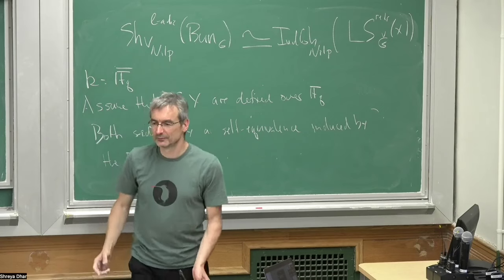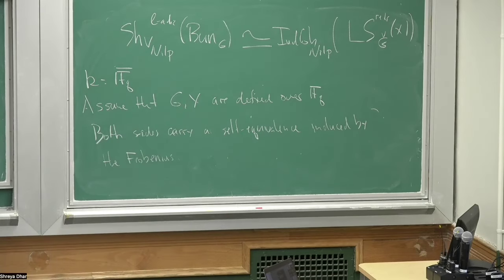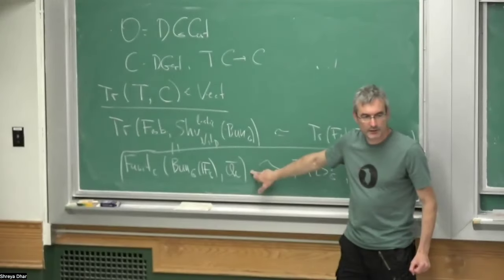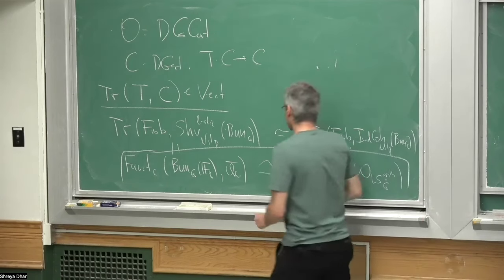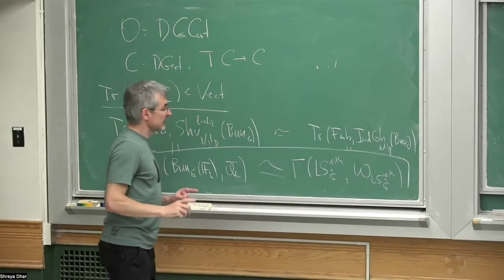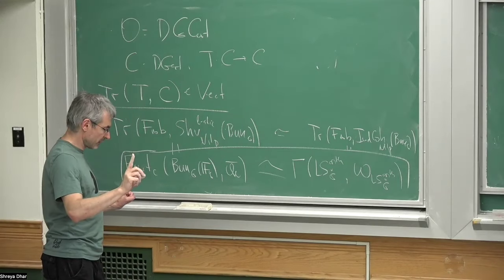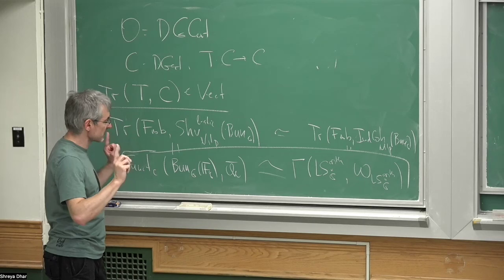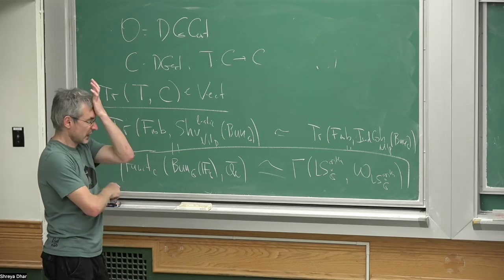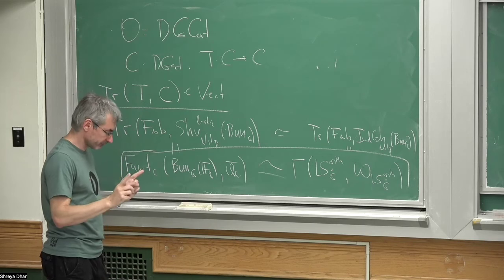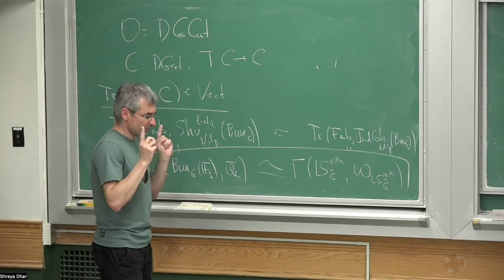What happens when you insert Frobenius with some Hecke operators on the left, or just Hecke operators, the trace of Hecke operators on the category of sheaves? Is there something on the right? Yes, but in fact you have more.